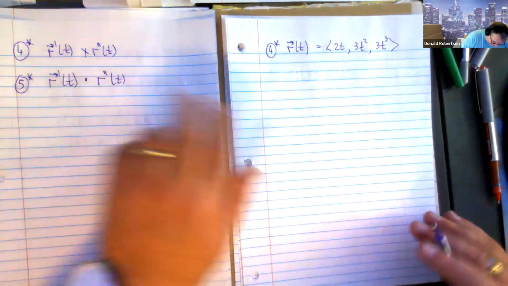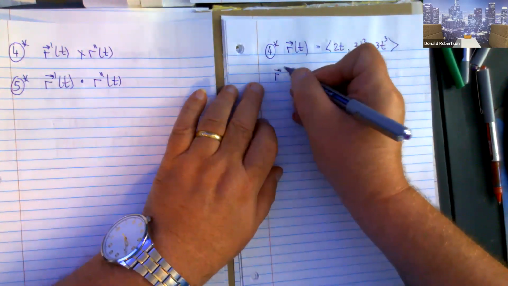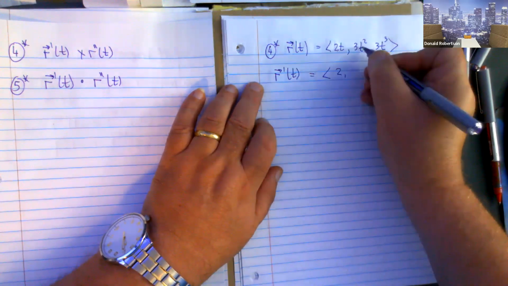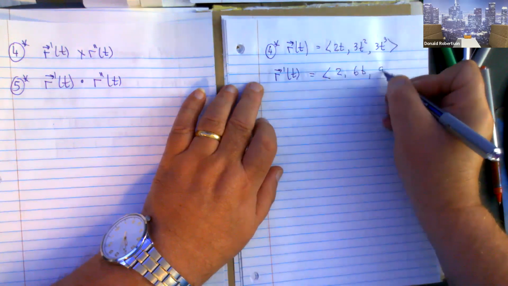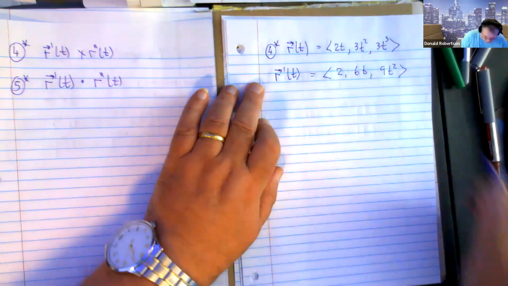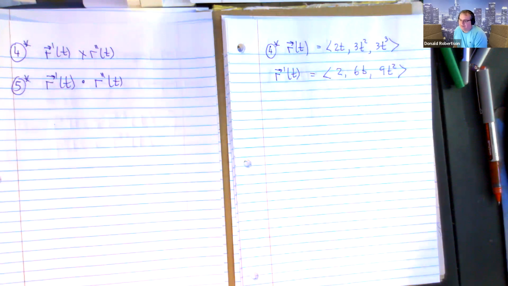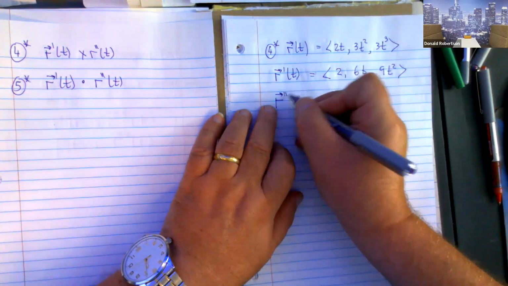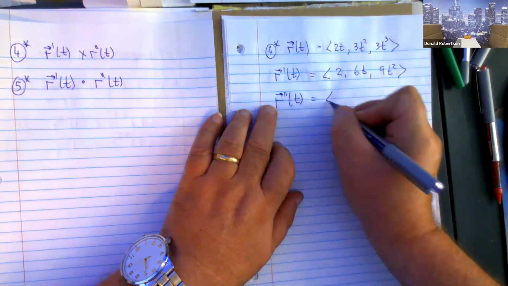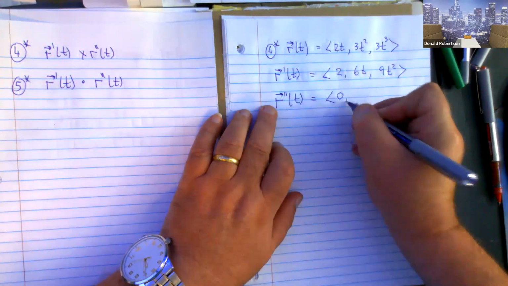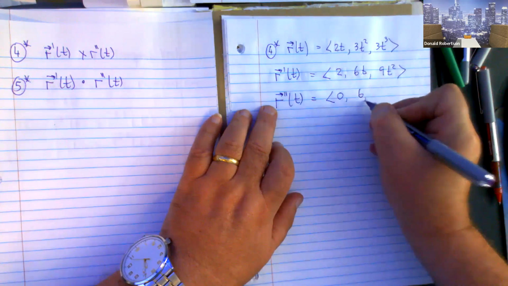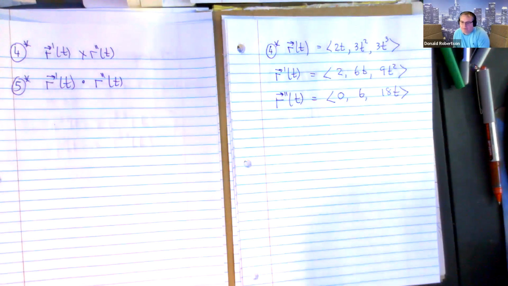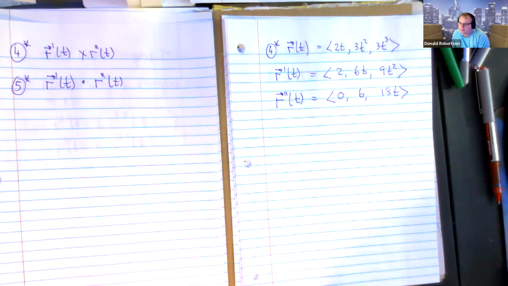So first thing you do is find the first derivative, which is 2, 6t, and 9t squared. Compared to what we've done, would you agree that's not a hard derivative to find? And then you find the second derivative. Differentiate 2, you get 0. Differentiate this, you get 6. And differentiate this, you get 18t. Are you comfortable with those two?